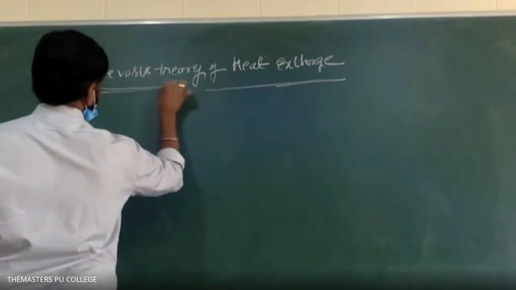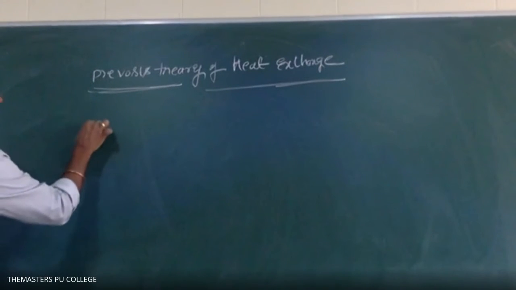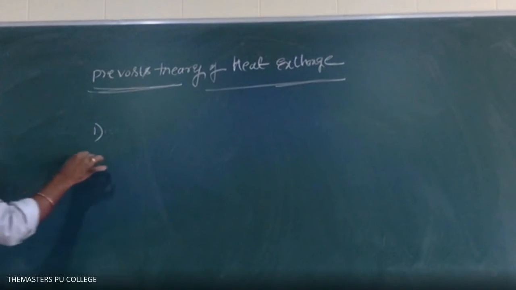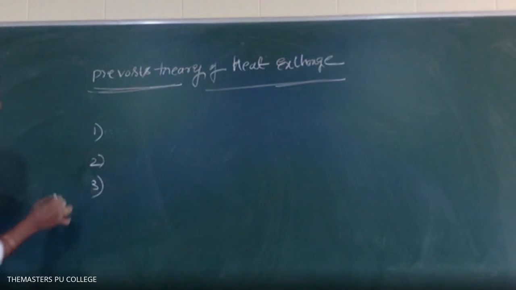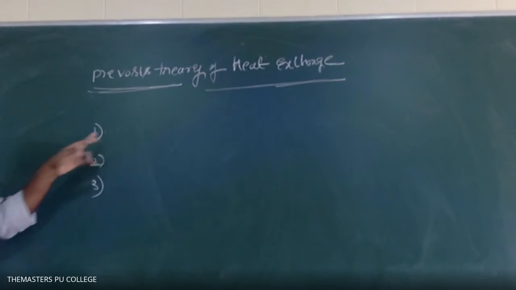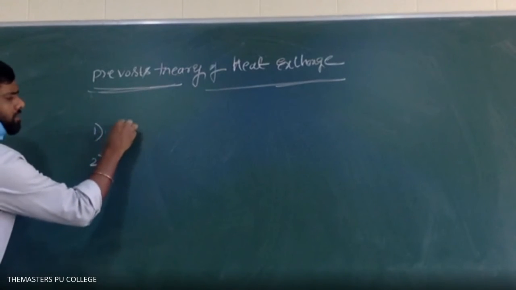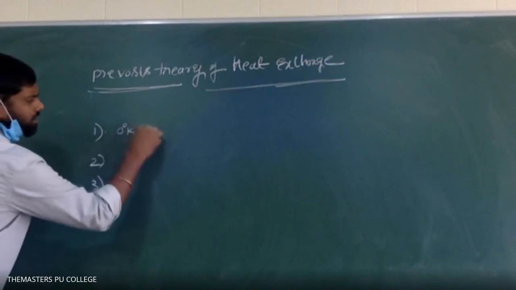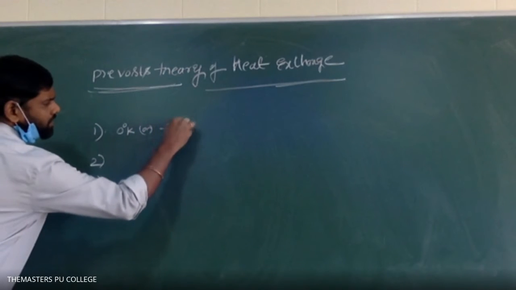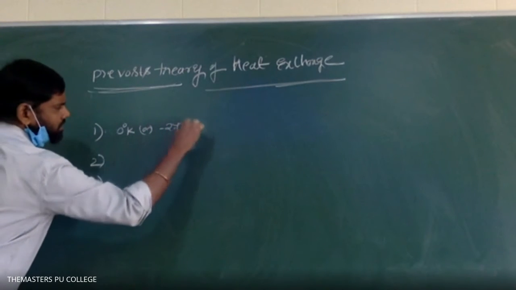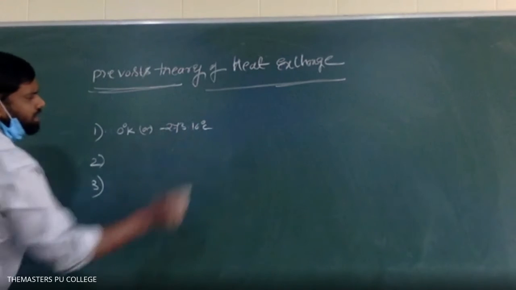What does this theory say? Only three points are there. The first point is that every body emits thermal radiation except at 0 degree Kelvin, or minus 273.16 degree centigrade.